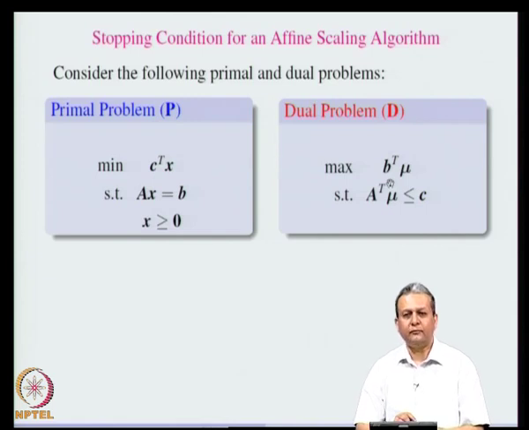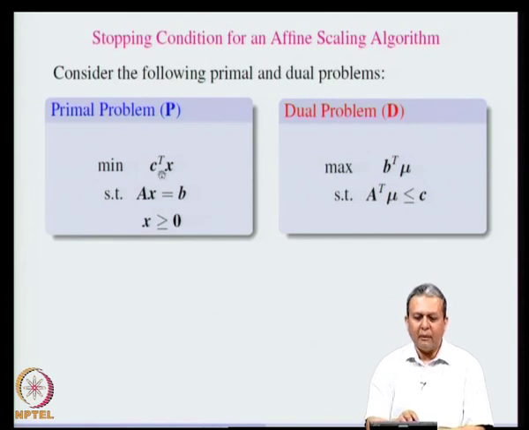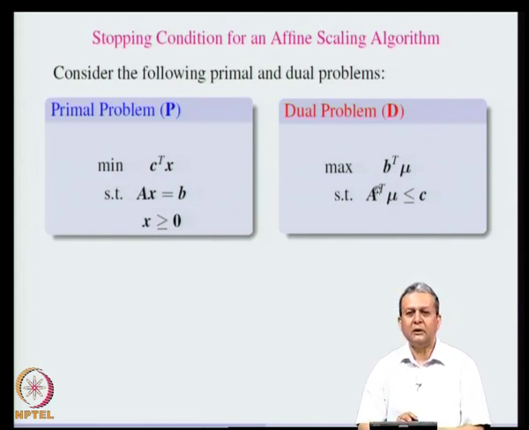As I mentioned earlier, this is also called the duality gap, the difference between the primal objective function value and the dual objective function value, where the primal is of the form minimize the objective function and the dual is of the form maximize a corresponding objective function. The duality gap represents the difference between the primal and the dual objective function value at feasible x and mu. So, at optimality the duality gap is 0, and that could be used as a stopping criterion for our algorithm.